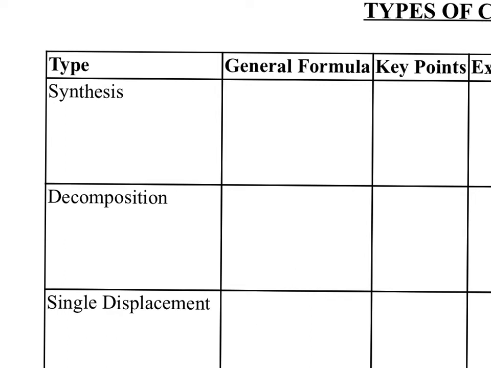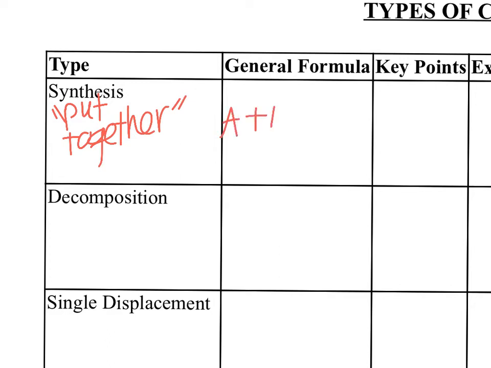Synthesis can also mean put together. So that means elements are coming together to form one compound. Typically that's A plus B creates AB.